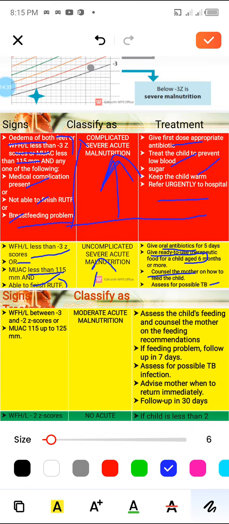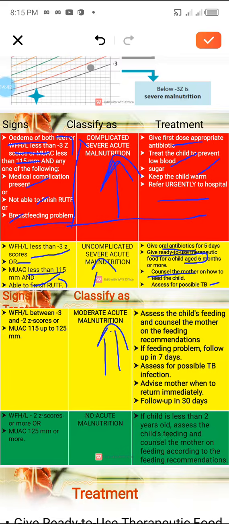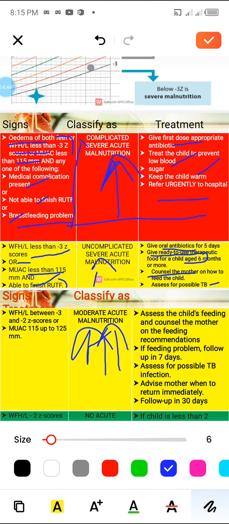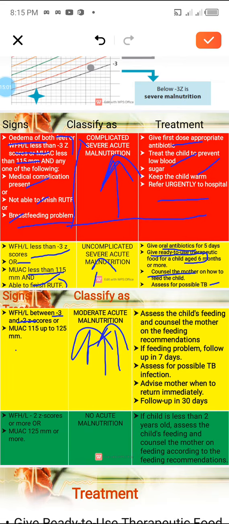And then there's another heading which we're saying that moderate acute malnutrition. So you keep writing, it's the same write-up, but then what you eliminate are some things. For example, here under moderate acute malnutrition, we're saying that weight for height between -3 and -2, or MUAC 115 up to 125.